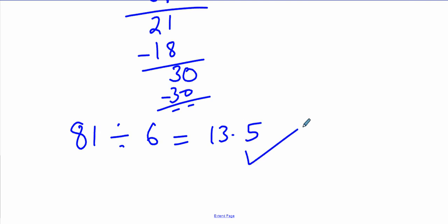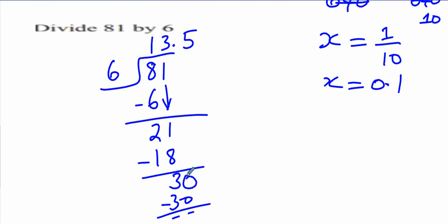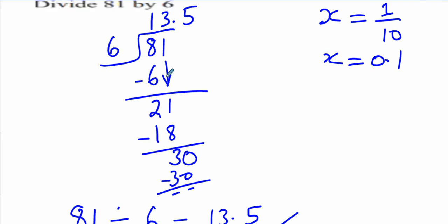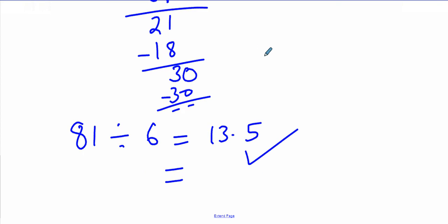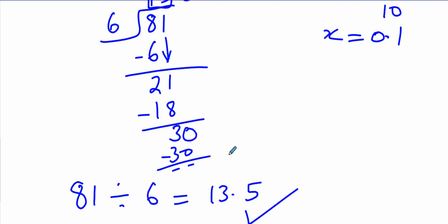Got that? Now, suppose you want to put this as a mixed number. So the answer will be 13, which is a whole number. Remember the remainder was 3?